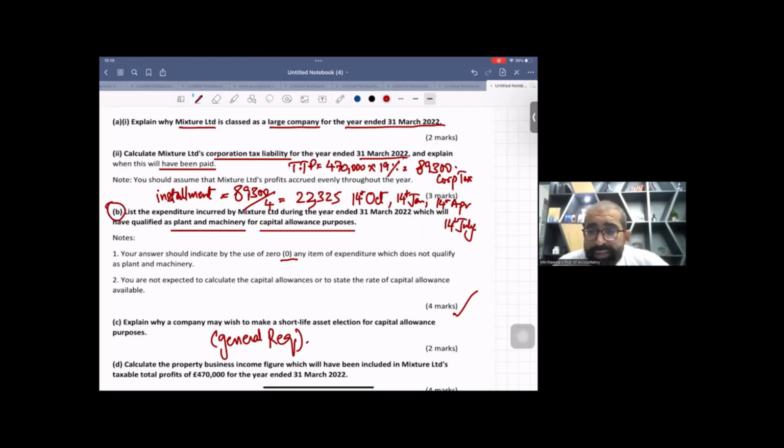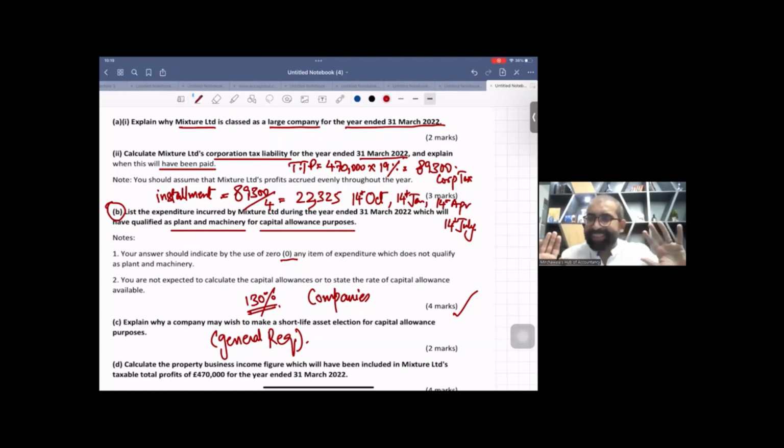And nowadays, open your eyes. For companies, there is 130% super deduction for main pool. Remember? Yes or no? So now just use your brain.